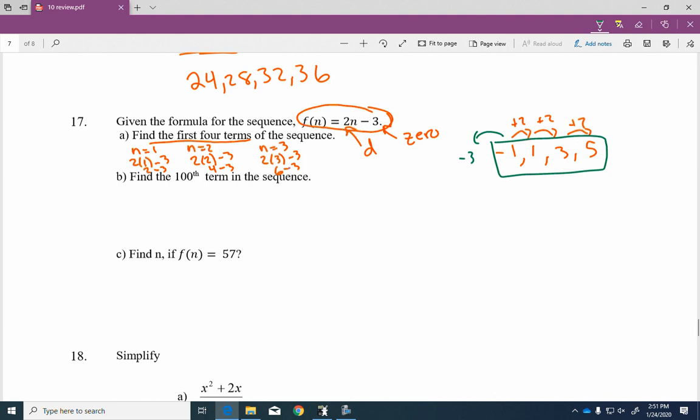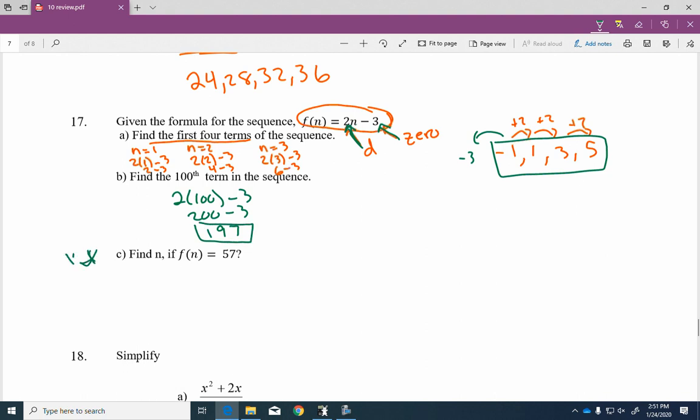Or if you understand the equation, the coefficient of n is your common difference. This added on at the end is your 0 term. When I say find the 100th term, I am going to plug in a 100. So I get 197 for the 100th term.